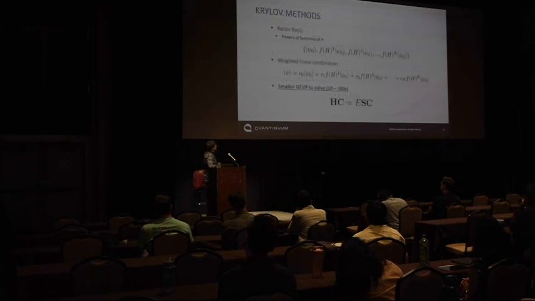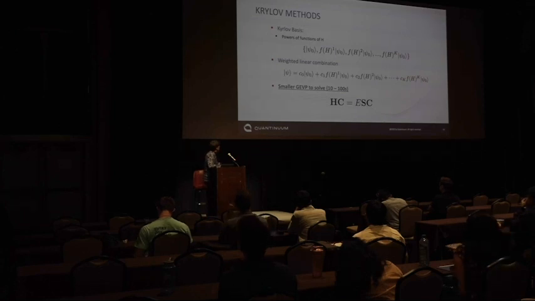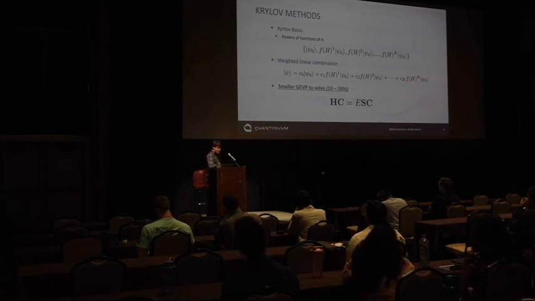Now, there's a technique that you can use, called Krylov methods. Basically, what Krylov methods do is they apply powers of a function of H to your ground state, to some initial guess, which generates a much smaller basis.